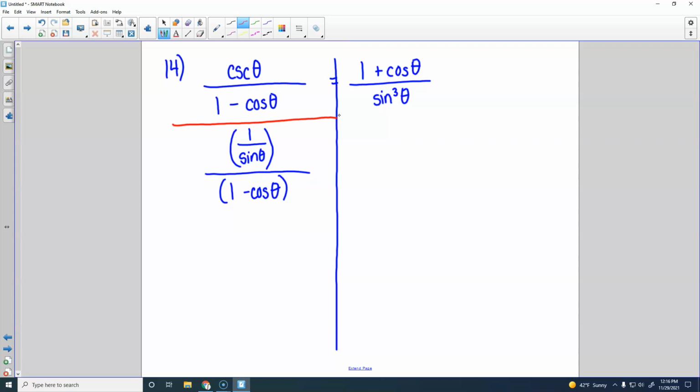For complex fractions, dividing fractions is easy as pie: flip the second and multiply. The bottom's not a fraction, so how do I make it a fraction? Put it over 1, and so I will have 1 over sine theta times 1 over 1 minus cosine theta.